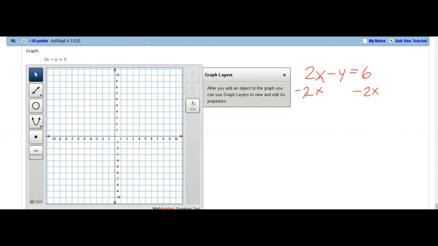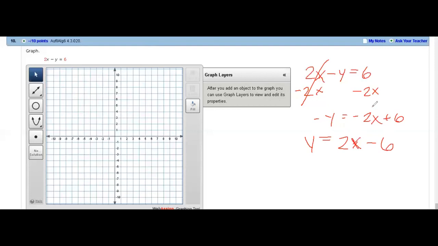So 2x minus 2x is 0. So I have a negative y equals negative 2x plus 6. Now, in slope-intercept form, we can't have it with a negative y, so I need to change the sign of every term. So it'll be y equals 2x minus 6.